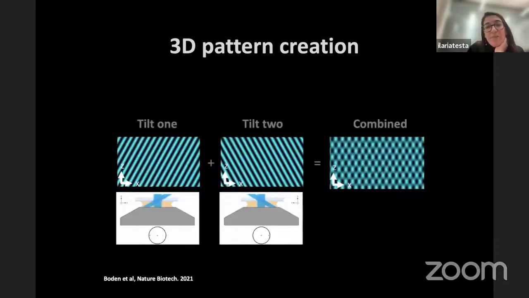So you can do that, and then you create another one that is oblique, but in the other direction. And these two don't interfere with each other because they have different polarization. So when you put them on top of each other, they look like a honeycomb, like this. And this starts to be interesting, because then if you have a fluorophore here, it starts to be depleted also above and below the focal plane. So you start to have 3D confinement.